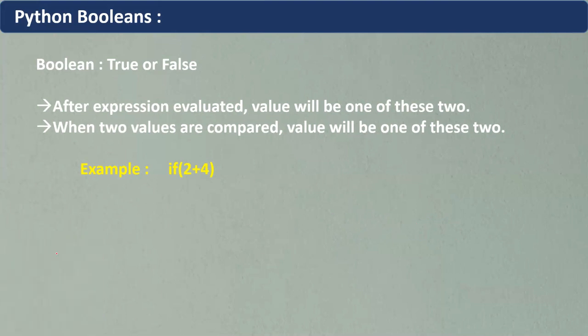Here you see, for example, if 2 plus 4, the expression is 2 plus 4, which is 6. What is it going to return? It is going to return true. I will tell why.